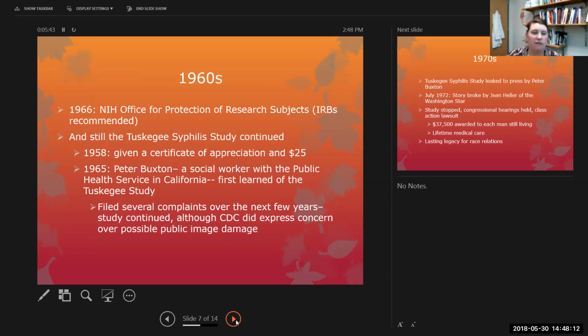In 1965, Peter Buxton, who was a social worker with the Public Health Services in California, first learned of this study and became perhaps one of the more famous whistleblowers, really saying, hey, this is not okay, what we're doing here. So he filed several complaints over the next few years, although the study continued, and the Centers for Disease Control expressed concern over possible public image damage that was being done as a result of it.